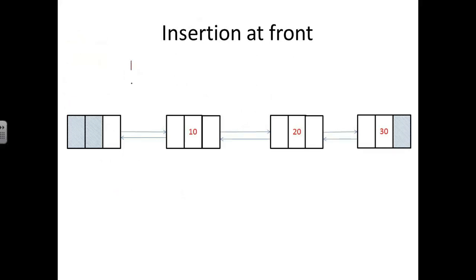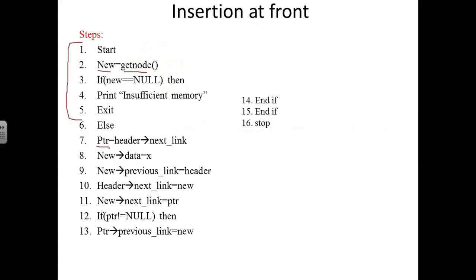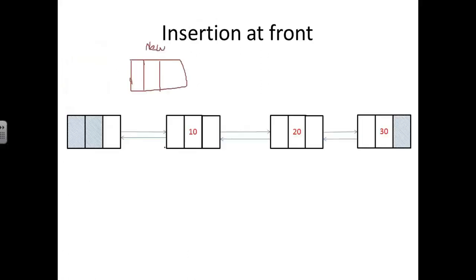Here I am planning to insert a new node over here, at the front position. I have created a new node and I am going to assume it as new. As per the algorithm, pointer is equal to header's next link.